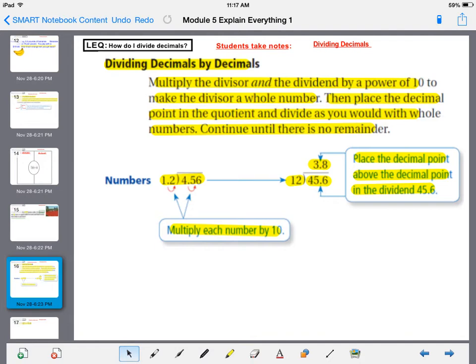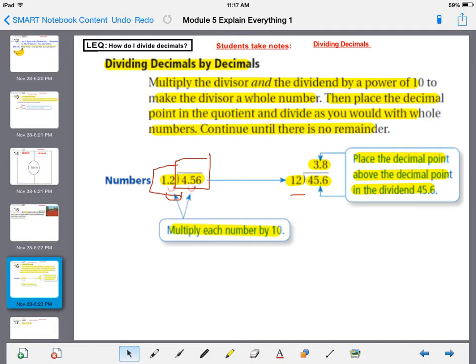So in this case, when we started with 4 and 56 hundredths and we divided by 1 and 2/10, well, we knew that we had to move that decimal point over because the divisor could not be a decimal. He had to be a whole number. So to make him a whole number, we moved him over 1 time. We made him 10 times bigger.